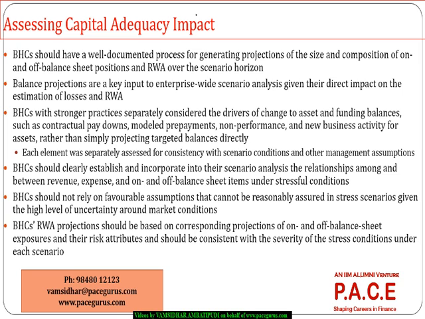Now that the loss and the resource estimations are done, I need to assess the impact on the capital adequacy. So what should be the supervisory guidelines associated with assessing the capital adequacy impact? Again, there should be a documented process.